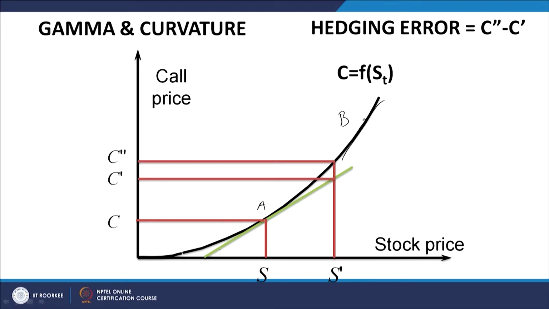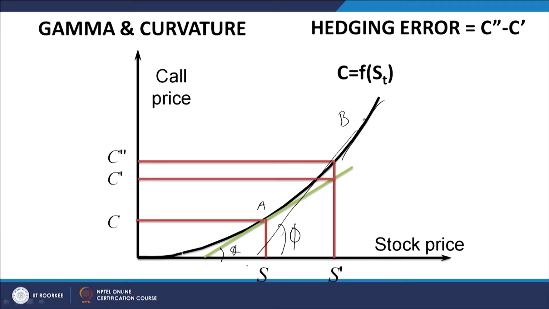The slope at A would be given by theta, the slope at B would be given by phi, and so the slope obviously has changed, and the rate of change of the slope is captured by gamma.